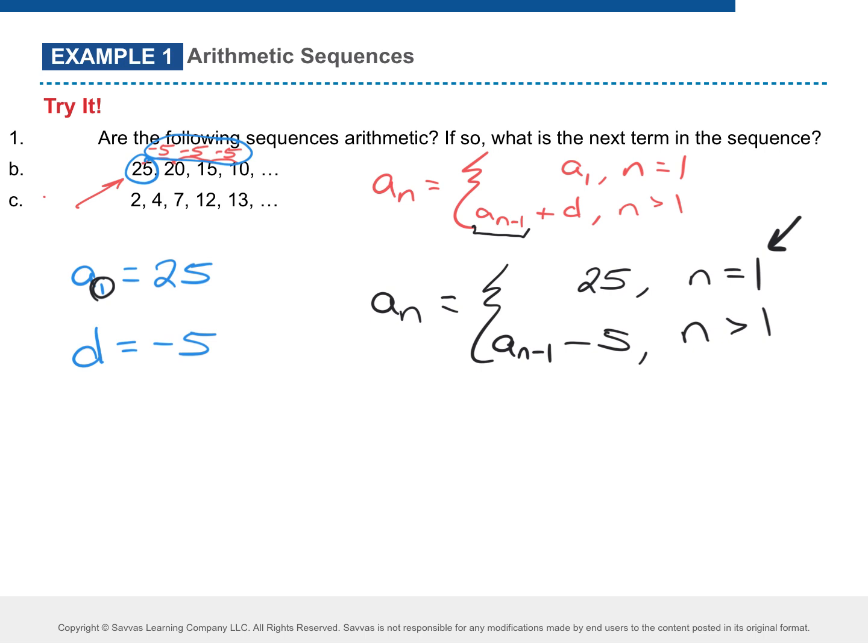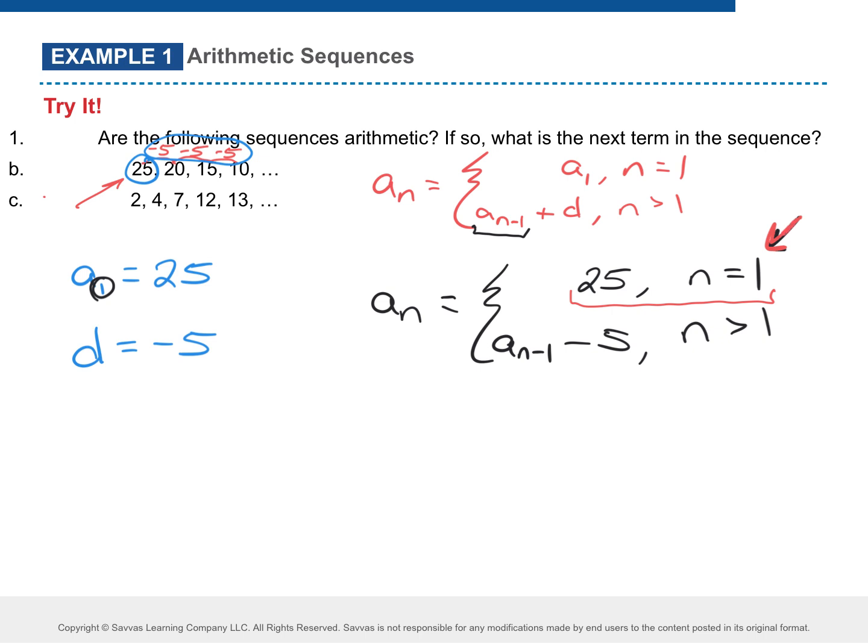Is that the answer? Yep, that's how we write the formula. So nope, not yet. The first equation right here, the first function, is when N equals 1. So if I'm looking for the fifth term, can I say the fifth term is 25?